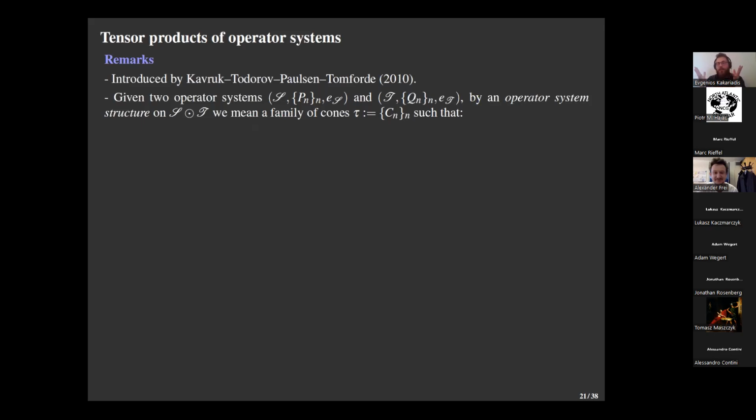So, in order to construct tensor products, you need two operator systems. Okay, each one comes with a cone structure and an Archimedean unit. You take their algebraic tensor product, and now you want to use an operator system structure on that. So you want to take a family of cones, and you choose these cones so that they satisfy some axioms, correct?